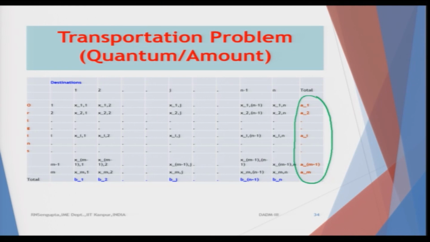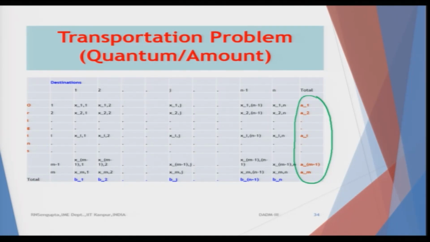Similarly, for the jth one, the values are x 1j, x 2j, x ij, x m-1 j, x mj and the total value if I add up basically comes to b j. Similarly, when I come to the (n-1)th, the values are x 1 n-1, x 2 n-1, x i n-1 till the second last one which is x m-1 n-1 and the last one is x m n-1.